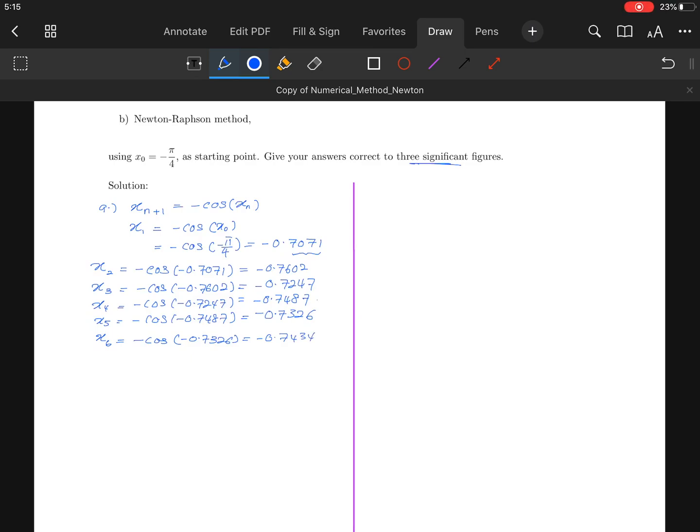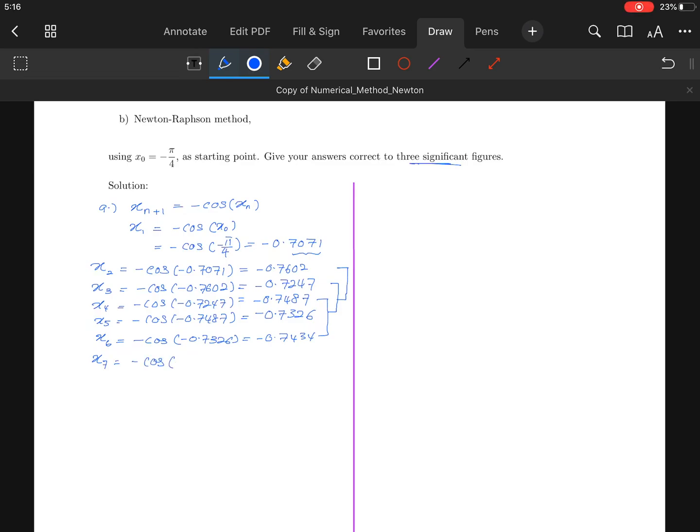You can see that somehow it looks like it's going to a value there. Let's just continue and see how far it will go.